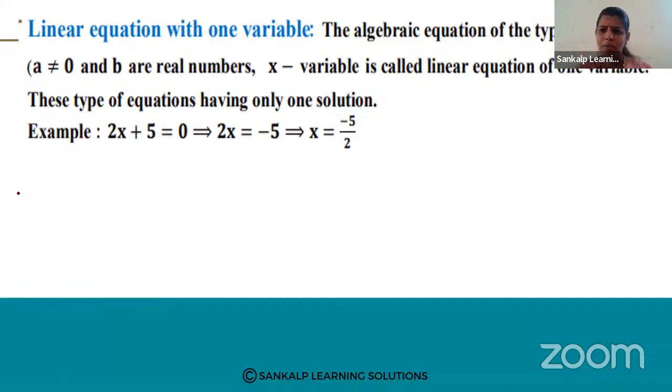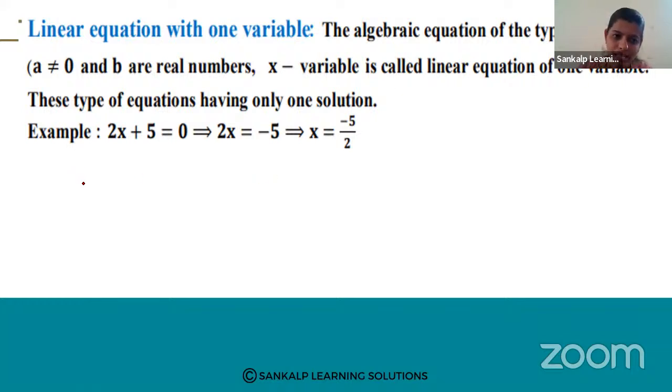So what do you mean by linear equation? See, linear equation with one variable. The algebraic equation of the type ax plus b equal to 0, where a is not equal to 0 and b is a real number, a and b are real numbers and x is a variable, is called a linear equation of one variable.